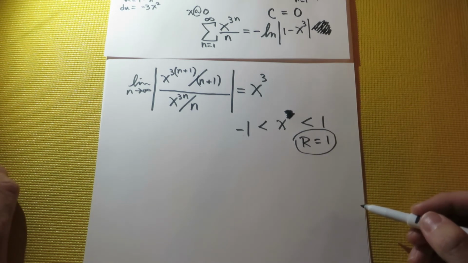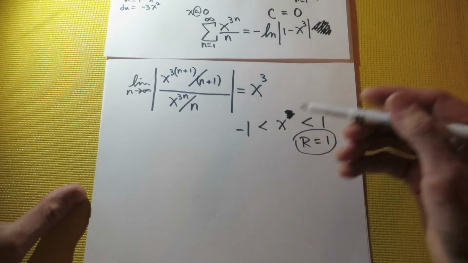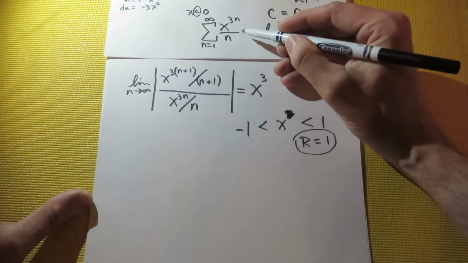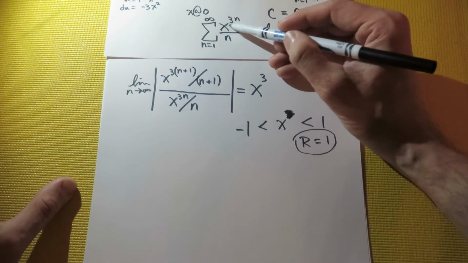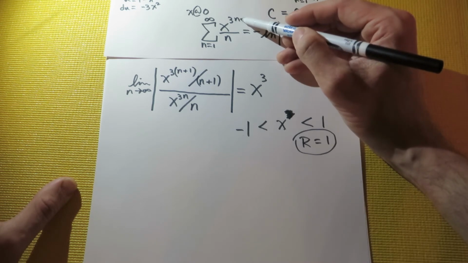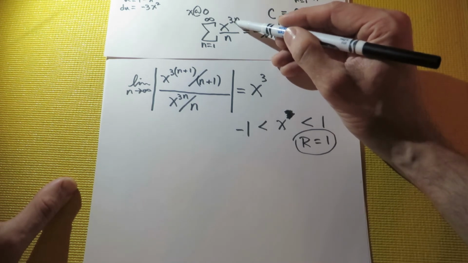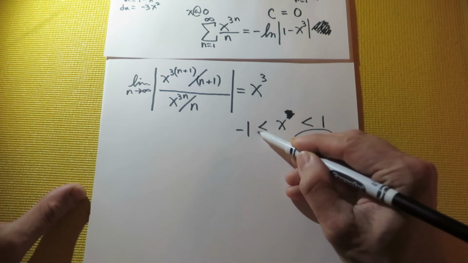And our interval of convergence, well, let's think about what happens when x is equal to -1. When x is equal to -1, well then we just have -1 cubed, which is -1, to the nth power, and then we just have our alternating harmonic series, which we know is convergent.